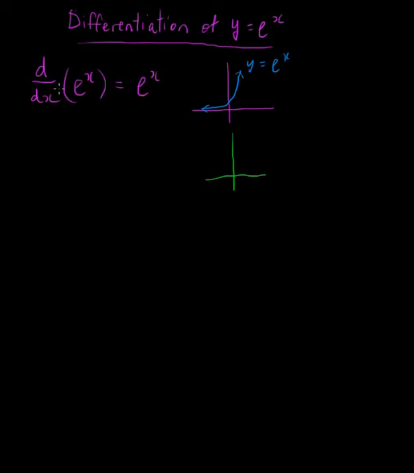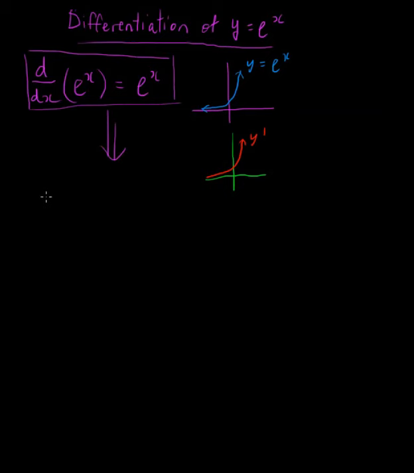So the differential function will look identical, and this would be y dash. It's the only function where this occurs, and this is the main thing that you should remember when we're doing differentiation. This leads to a few results.